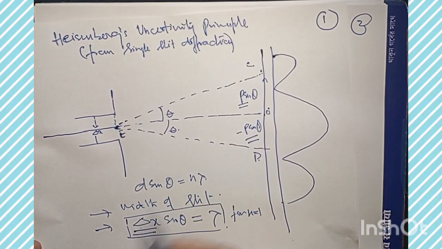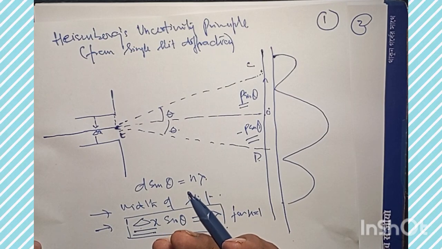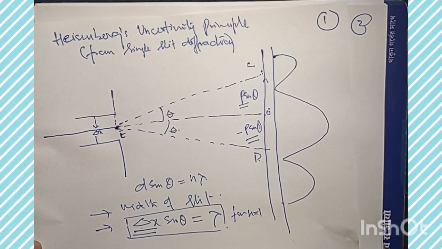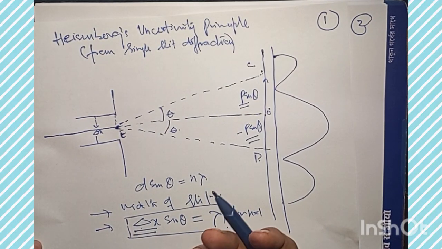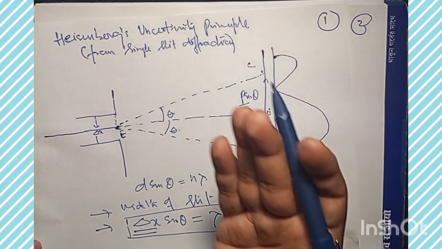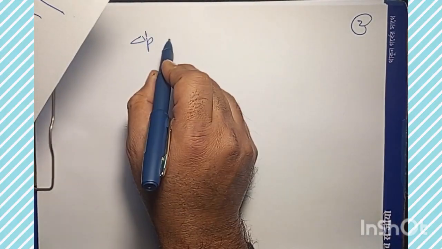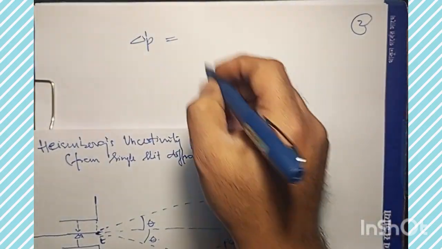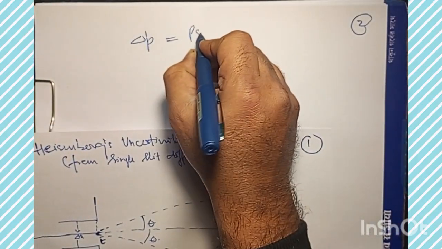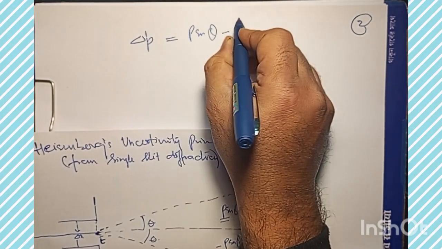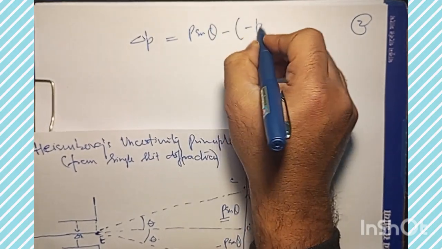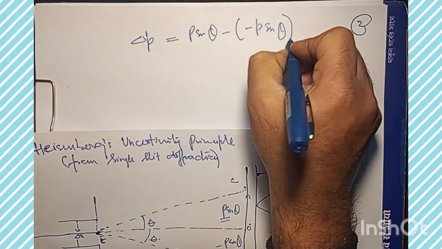Therefore, the uncertainty in the measurement of the momentum of this electron along the y direction, suppose that is delta p, is p sine theta minus minus p sine theta.